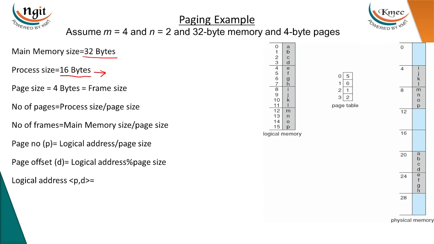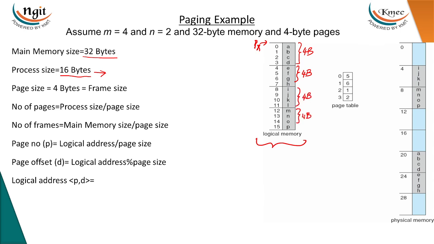Now this will be your 16 bytes of main memory. Let us take a process P1. Assume that this process is divided into A, B, C, D, so 4 bytes each. So the page size is 4 bytes, and each page consists of 4 bytes of data.